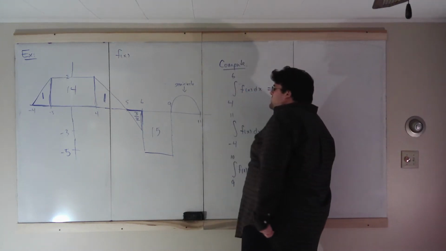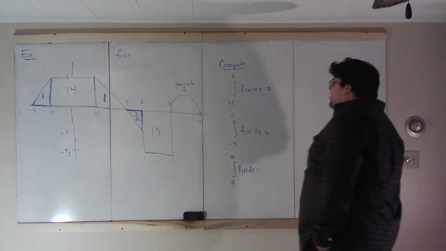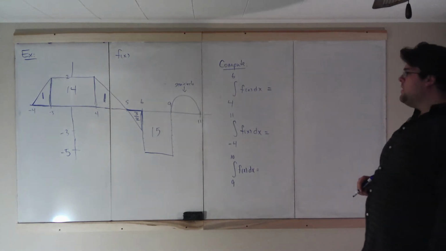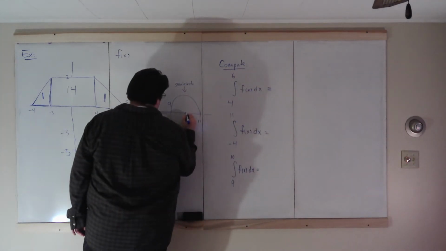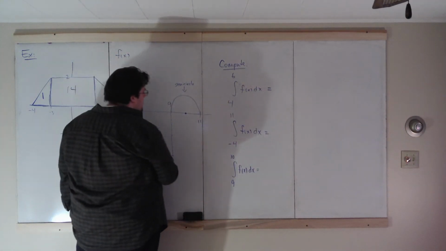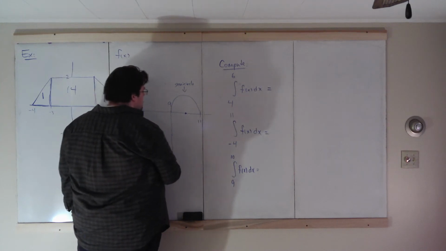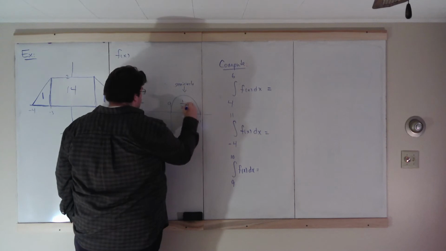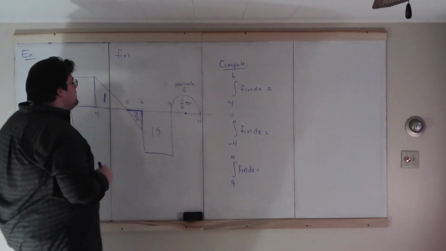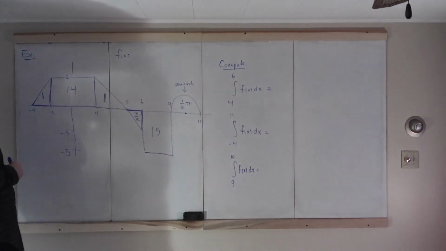And right here we have a semicircle. Area of a circle is pi r squared. The radius of this circle, notice, is 1. Pi times 1 squared is pi. But we have half of that because it's a semicircle. So half of pi is that area.